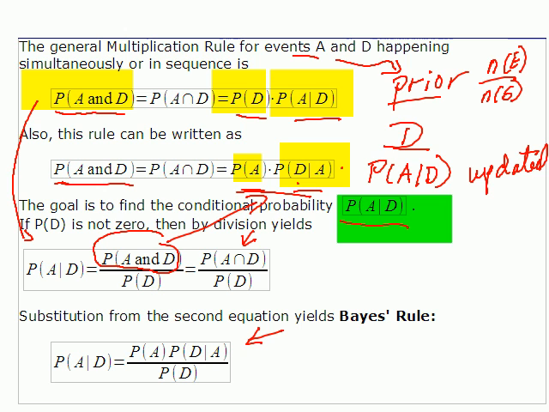So the probability of A given D equals the probability of A, that was your prior probability that you calculated way up here, usually your ideal probability, times the probability that D occurs given A, the probability of getting that data given the truth or the occurrence of A, divided by the probability of D by itself. We're going to do some calculations. The numerator, which looks complicated, is easy. You already have all those numbers. This one takes some work.